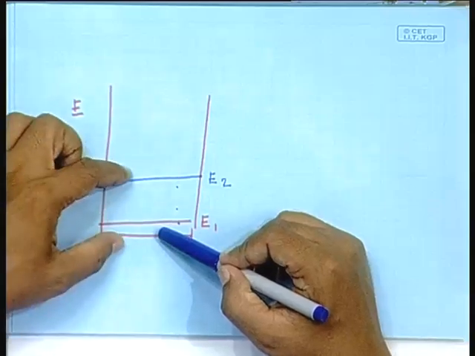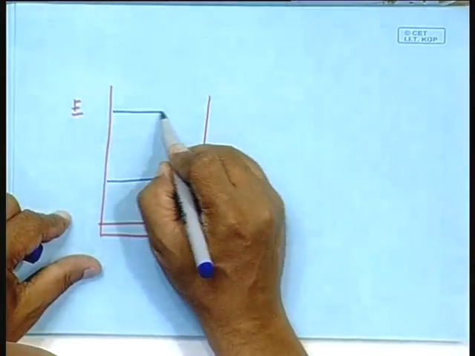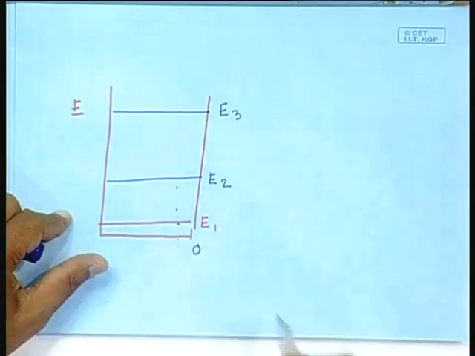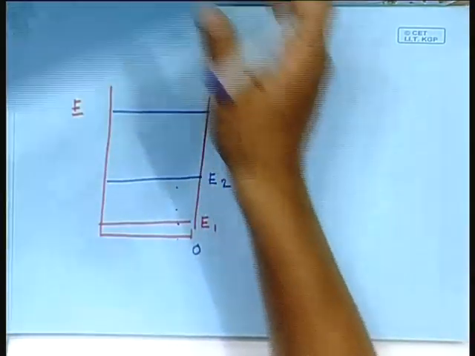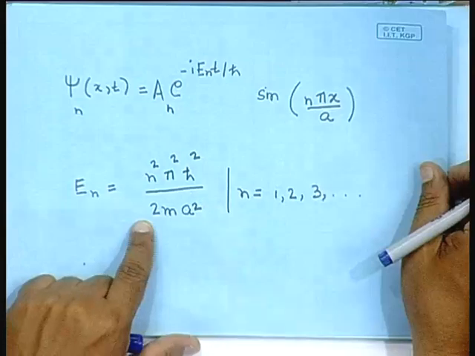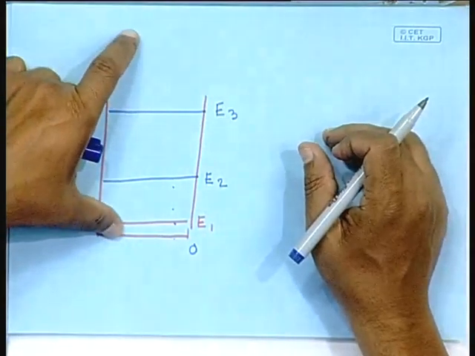This is already 4, and 1 more, 5. So it's going to be somewhere here. This is E3. And then I have E4, which is 16 pi square h cross square by 2m a square. So this is 9 and 16 is going to be somewhere over here.